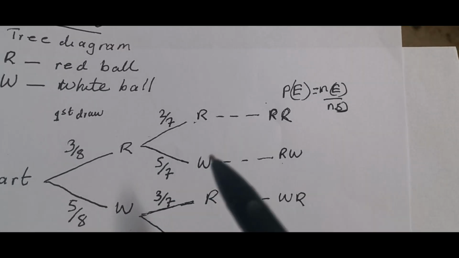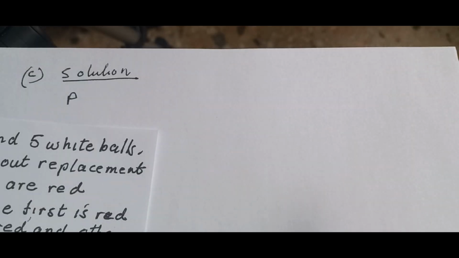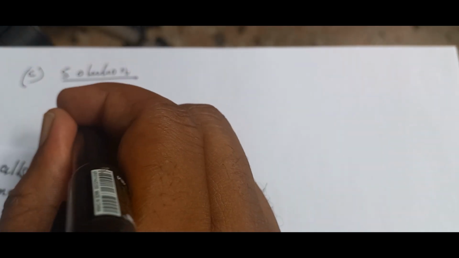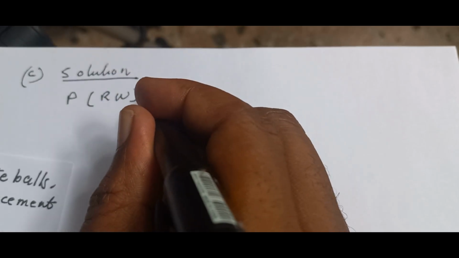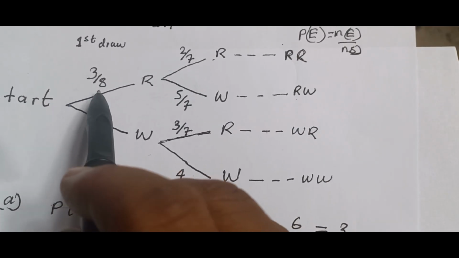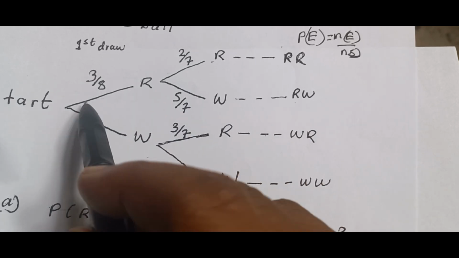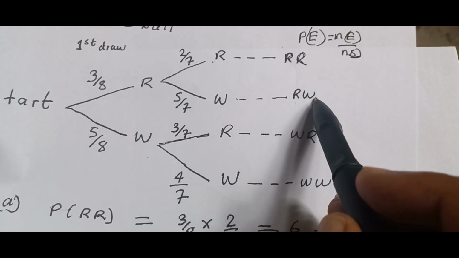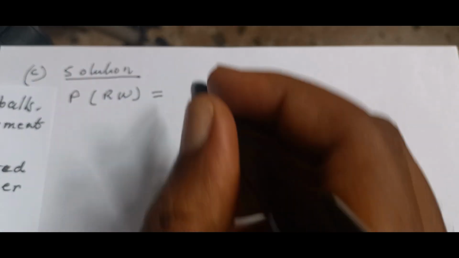So the probability that the first ball is red and the second ball is white equals 3/8 times 5/7. Through this path is where we reach red, white.